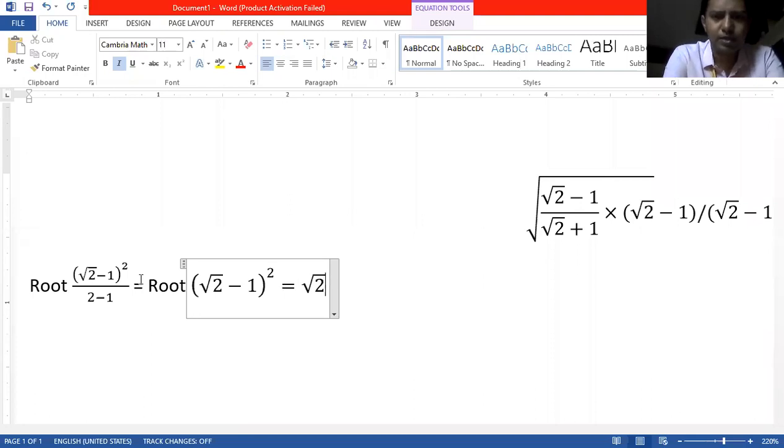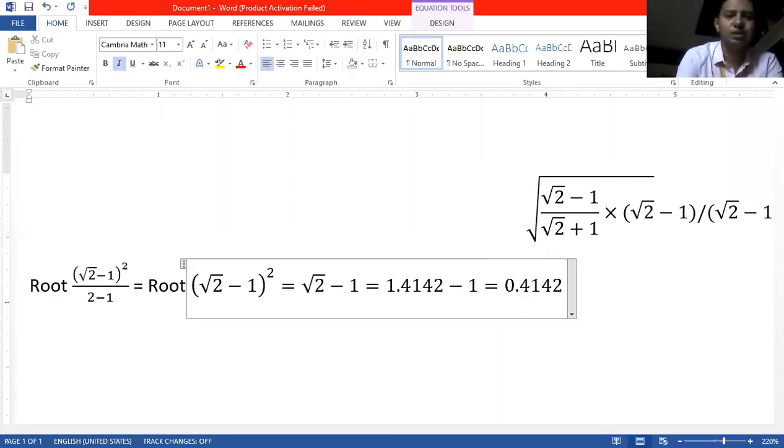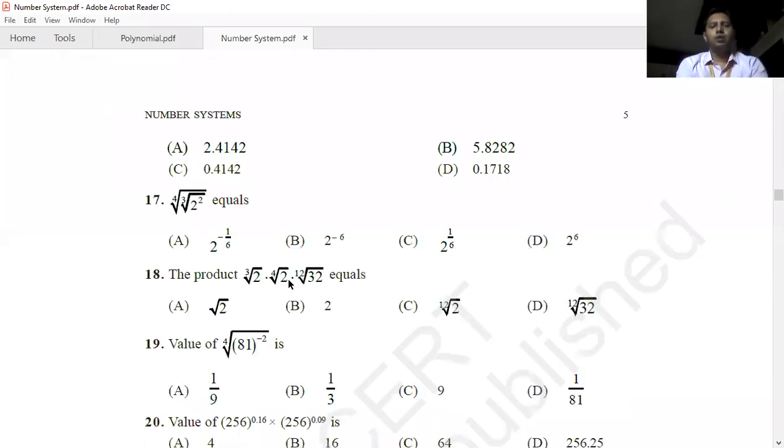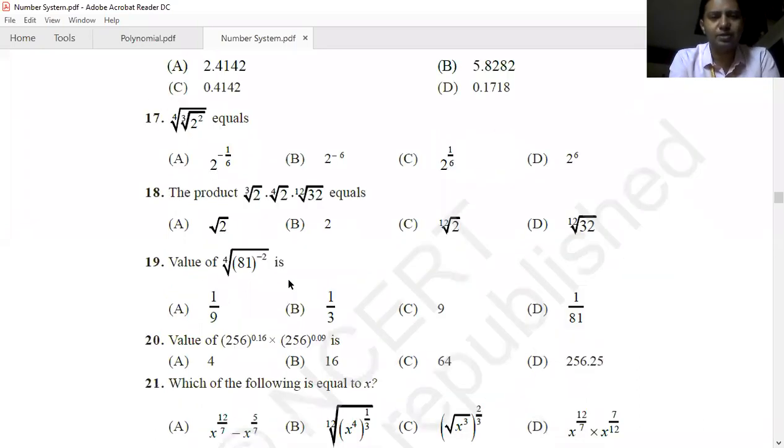The given value of root 2 is 1.4142, and minus 1 gives you 0.4142. So this is your final answer, option C. This sort of question may be asked in the examination. Plenty of you got the right answer.